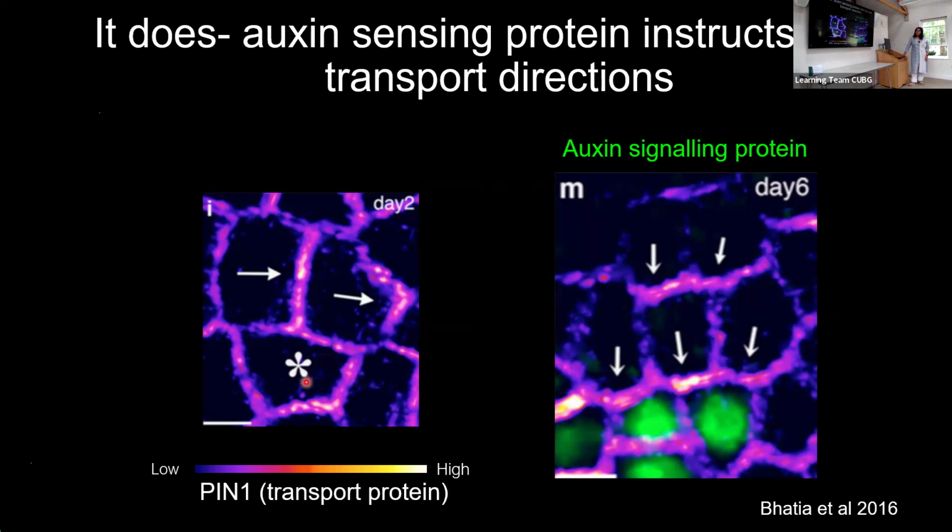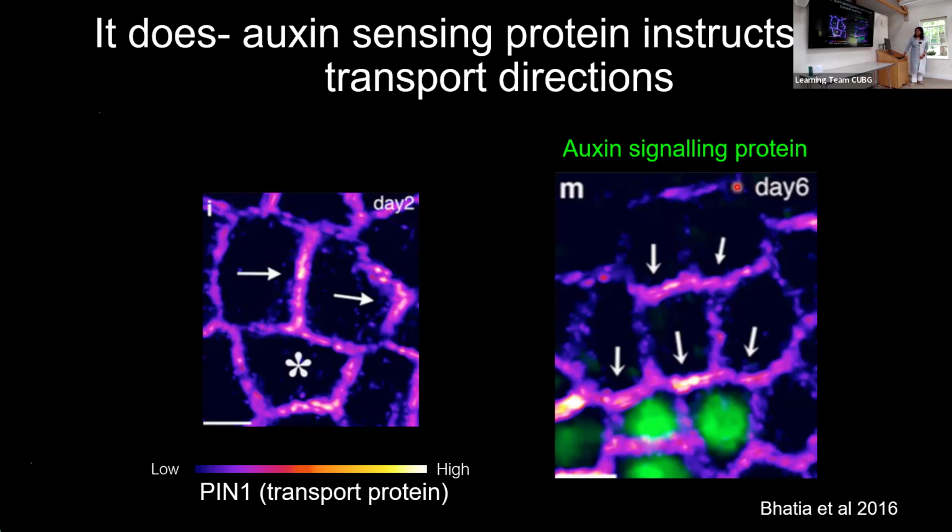What you see here is the cell where I increased auxin signaling, which you see in green. Before I did this experiment, I could see that in the neighboring cells, most of their PIN protein, the purple or magenta, was on the lateral side of the cell.